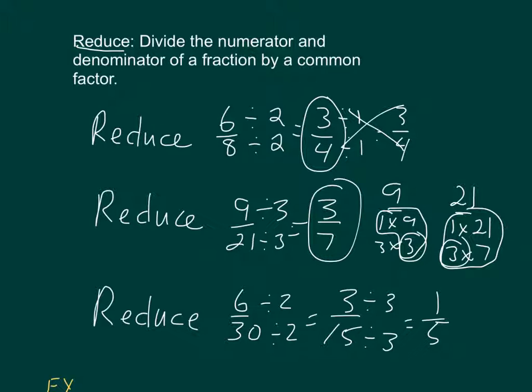When I do 2 divisions to simplify or to reduce, that means that I could have used 1 division, because instead of dividing by 2 and then 3, I could have just divided by 6 the first time. And 6 divided by 6 is 1, and 30 divided by 6 is 5. But it's not important that you choose the biggest common factor to divide by. It's okay to do it in steps like I did here.